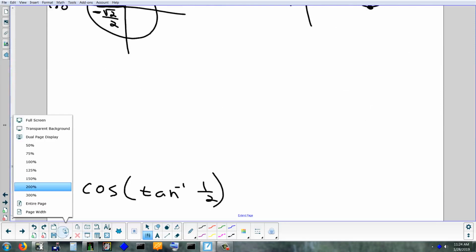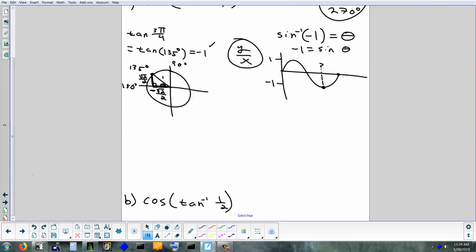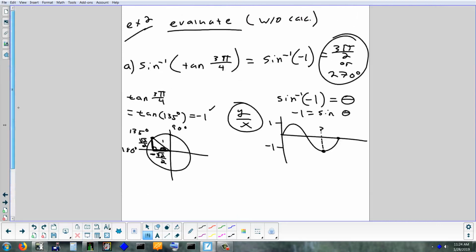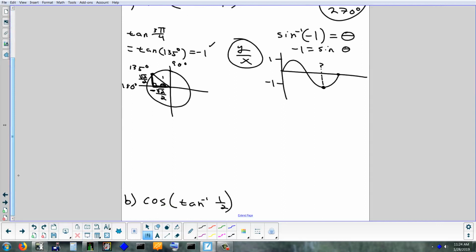All right, let's look at example B, the cosine of the inverse tangent of a half, and example A, inverse sine of the tangent of 3 pi over 4. Besides the functions themselves, what's the big difference in the format of that problem in A versus example B?